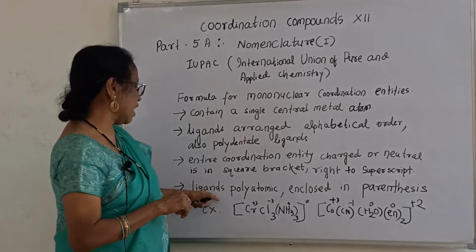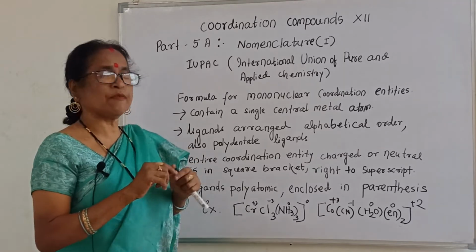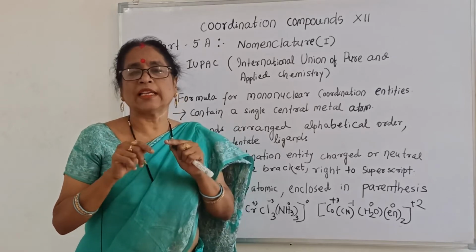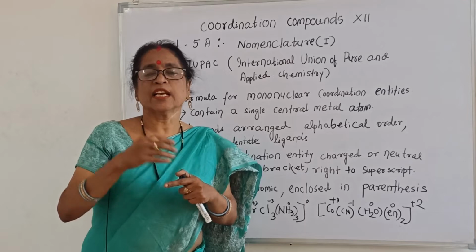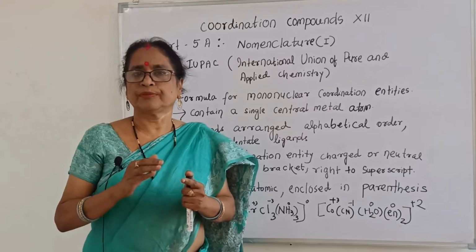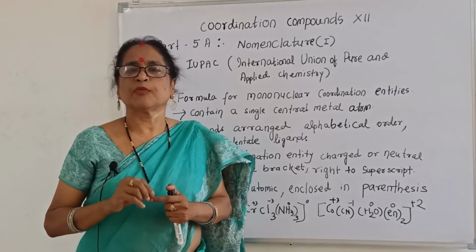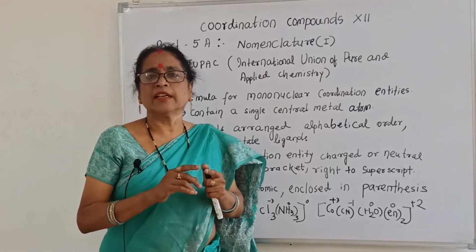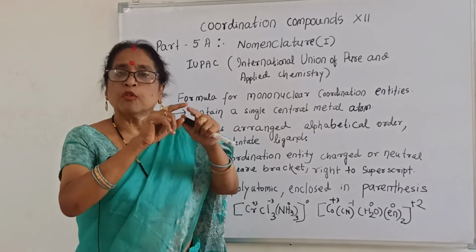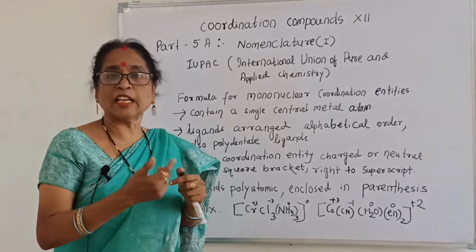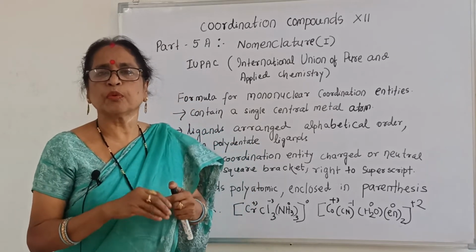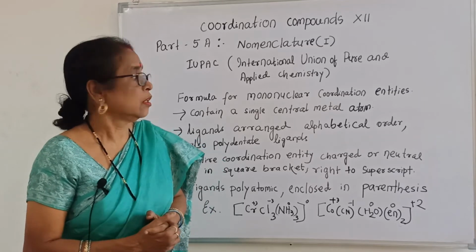The polyatomic ligands are enclosed in parentheses, such as NH3, and the number of times, 4 or 6, is put below, after the whole bracket.